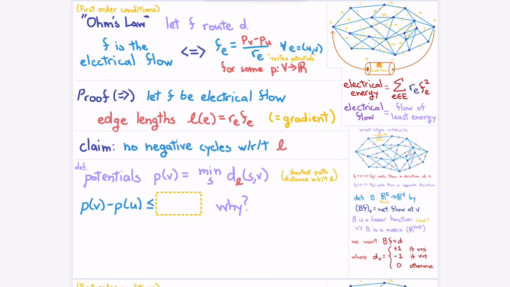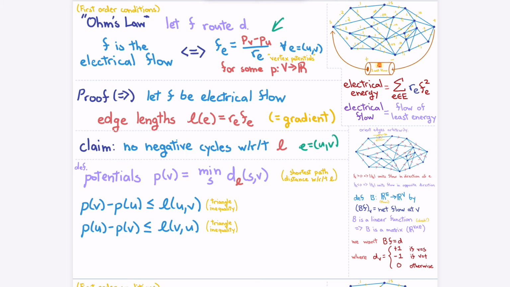Sorry, I should have written that. Okay, so let's fix an edge A equal to UV. So even more refined than the distance from U to V. Yeah, so the length, and then, triangle inequality.